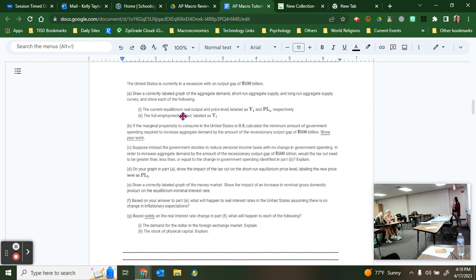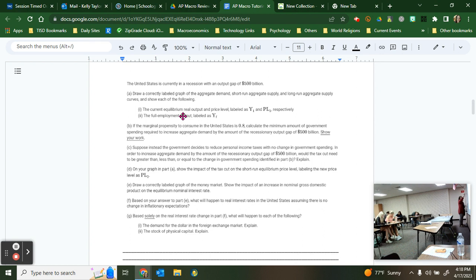Okay, I'm going to give you one more trivia tidbit to remember about this whole unit, and it has to do with when taxes and government spending are going up by the same amount. When taxes and government spending go up by the same amount, it will not cancel each other out.